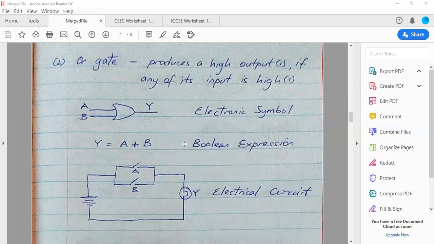We would have done the NOT gate last week and we did the OR gate as well, so we'll go over the OR gate.